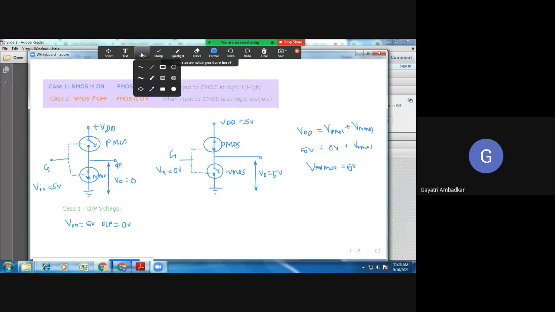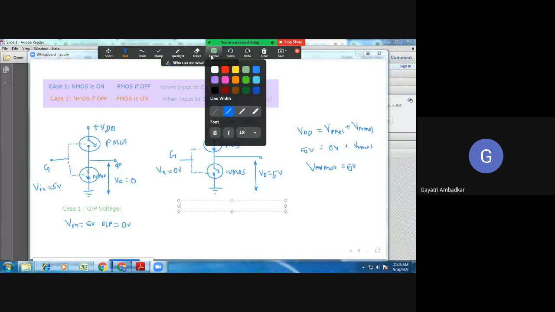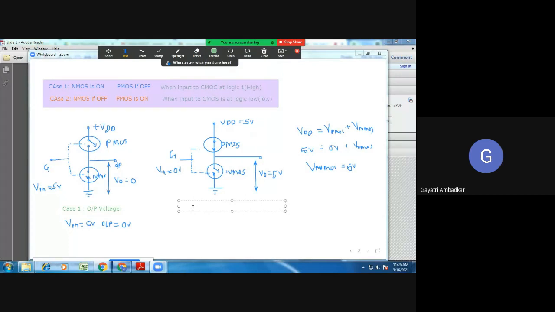So in case 2, what is output voltage? 5.